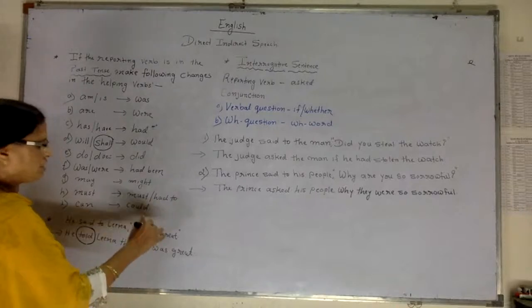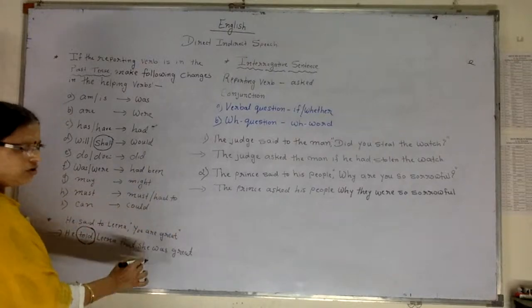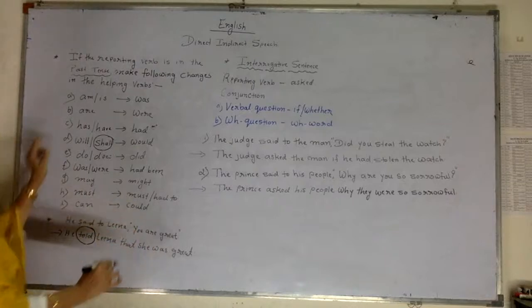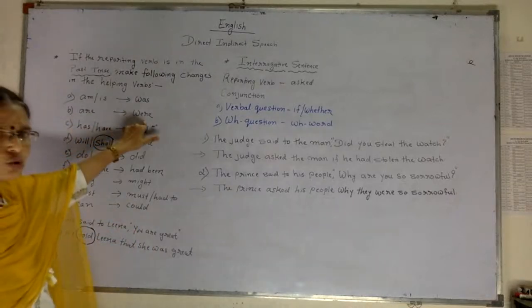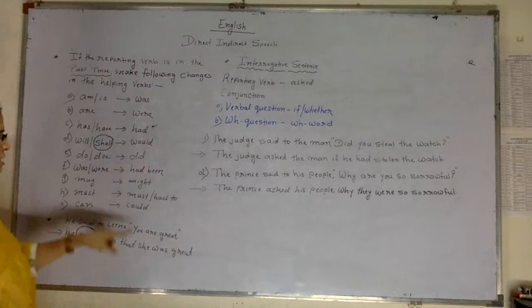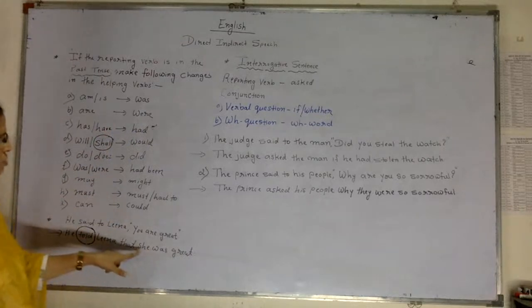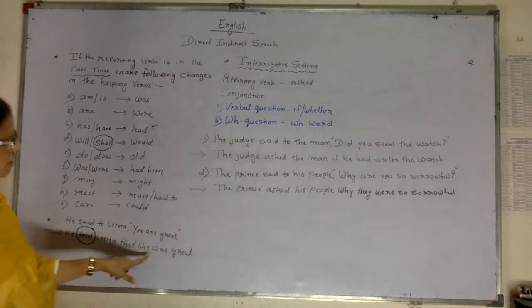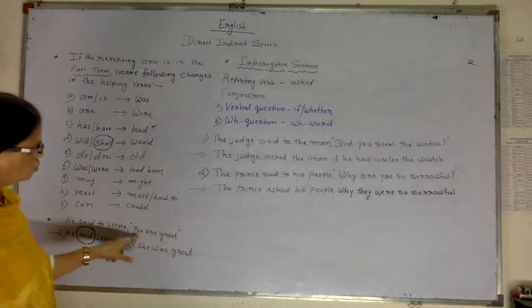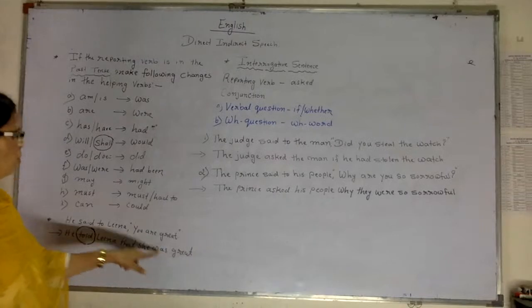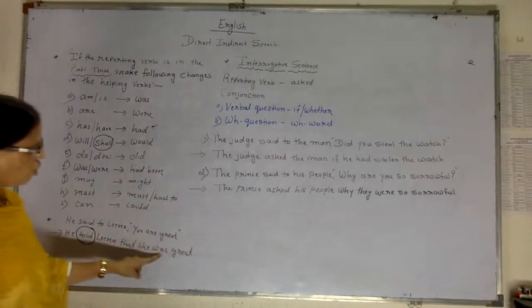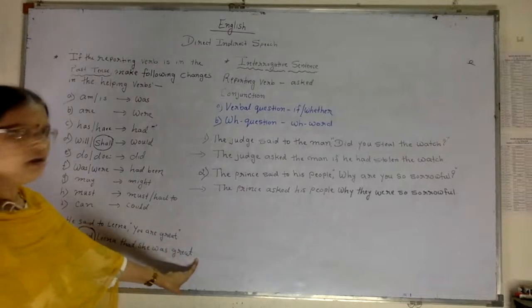Are would normally change to were, but remember that it is used as a singular, so are will change to was. She was. We never use she were. So you are will change to she was, because you is related to Lena. She was great, and then you give your full stop.